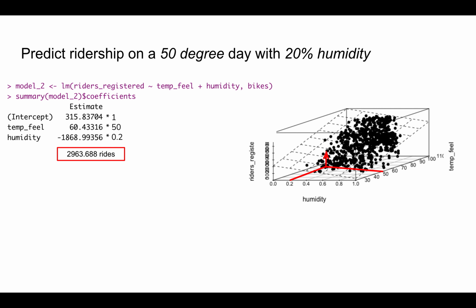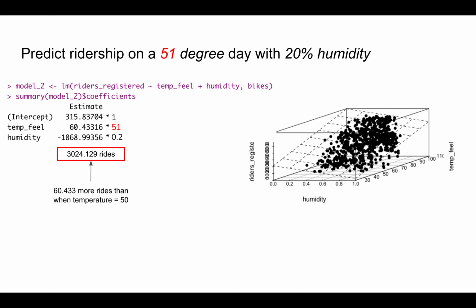Next, if we maintain 20% humidity, but bump the temperature up by 1 degree from 50 to 51, then the predicted ridership also bumps up to roughly 3,024. That is, when we increase temperature by 1 degree and don't change humidity, the expected ridership bumps up by 60.433, from roughly 2,964 for 50-degree days to 3,024 for 51-degree days.